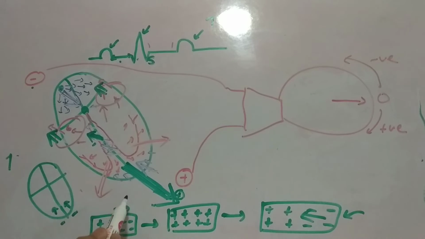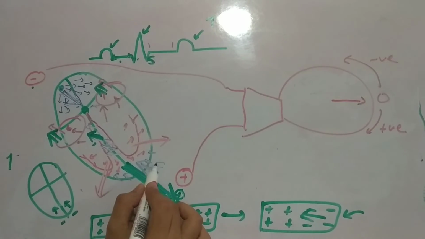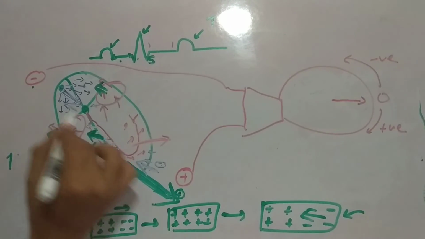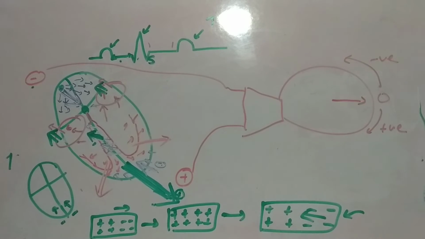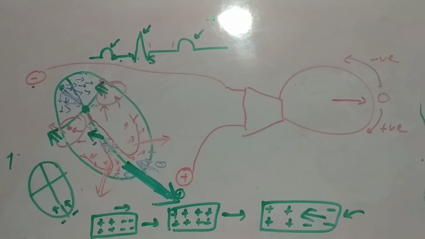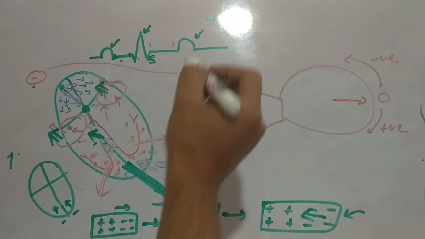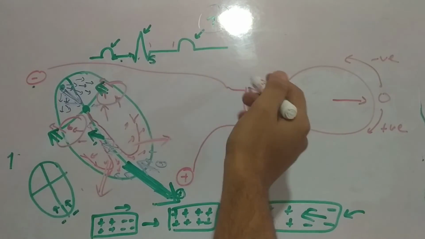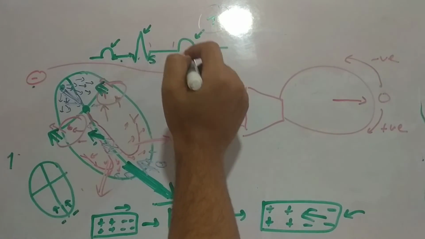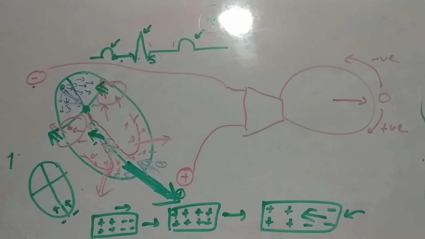So the negative vector is moving towards the negative. In the first video we discussed that a positive vector moving towards the positive electrode gives a positive deflection, and a negative vector moving towards the negative direction will also be positive. So the T wave, which is the repolarization, will have a positive deflection in the ECG. This is the basic funda of understanding.